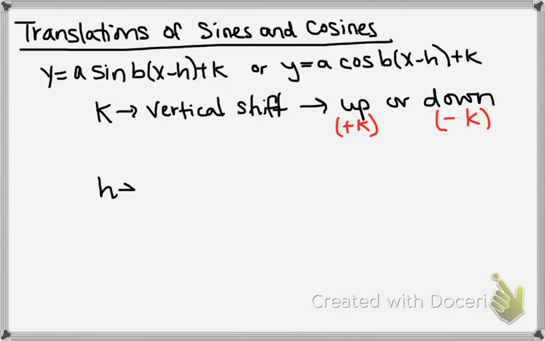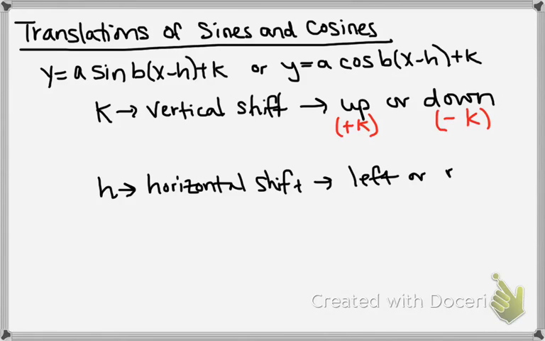Now the h value is a horizontal shift. That means either to the left or to the right. So it's taking that original function that we looked at in 10.1 and shifting it either to the left or to the right.